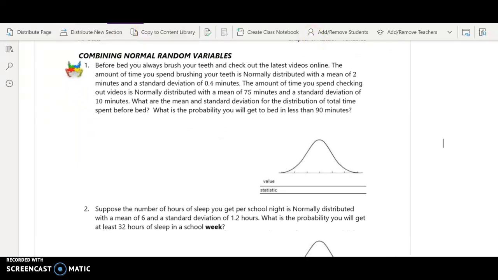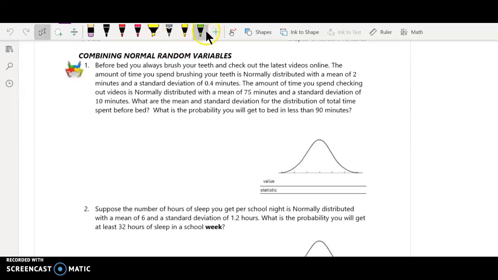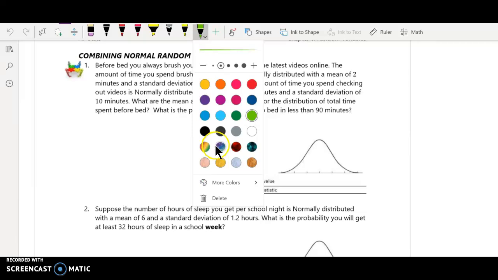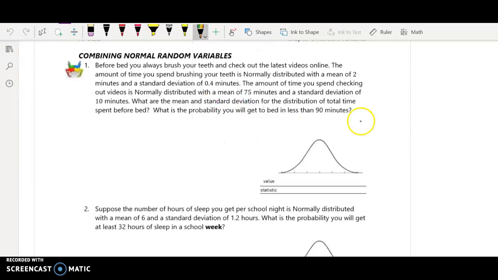Too bad we're not in class and Art can't volunteer to get points to read, so I will read for you. Before bed, you always brush your teeth and check out the latest videos online. The amount of time you spend brushing your teeth is normally distributed with a standard deviation of 2.